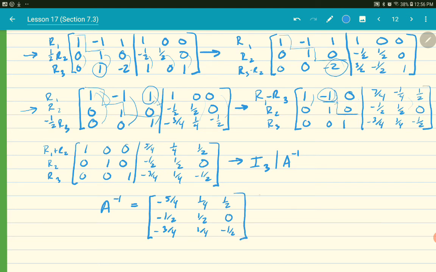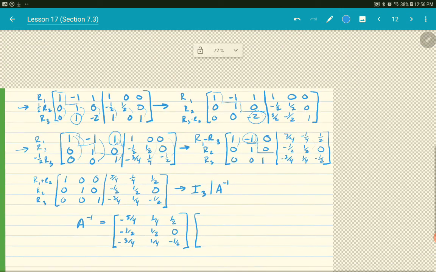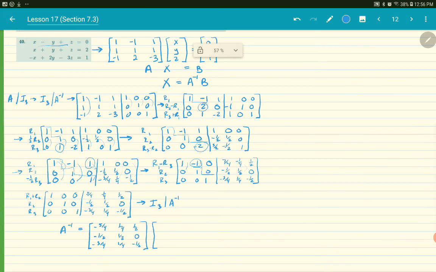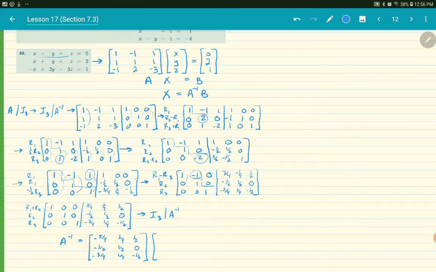And multiplying that by b, so I'm going to go back a little bit here. Remember what we're doing here. We're plugging that into there. So that's my A inverse.